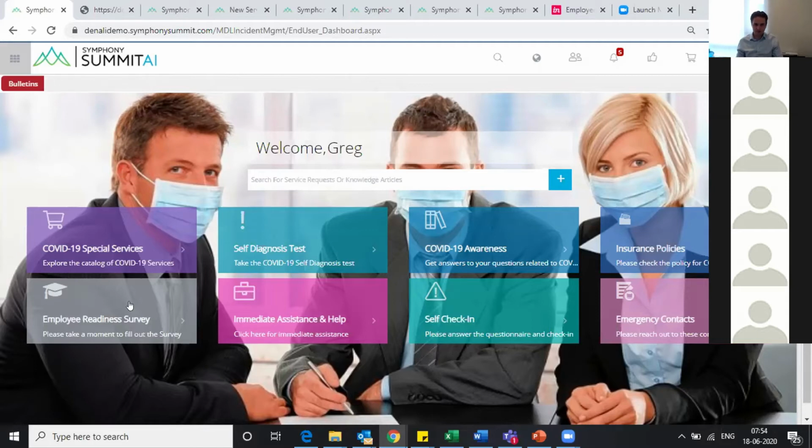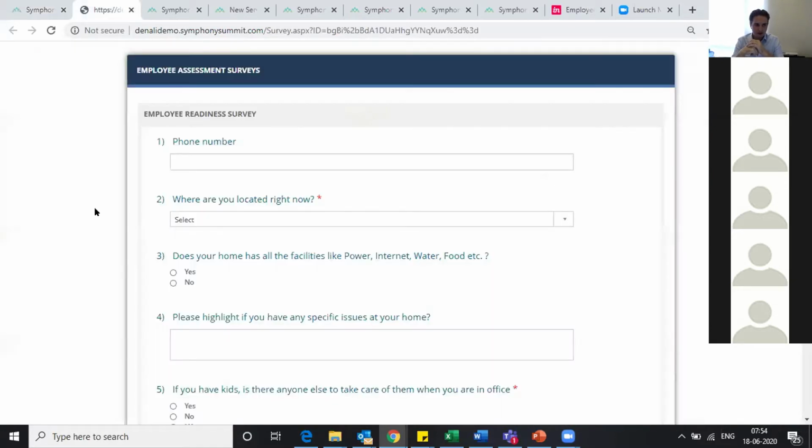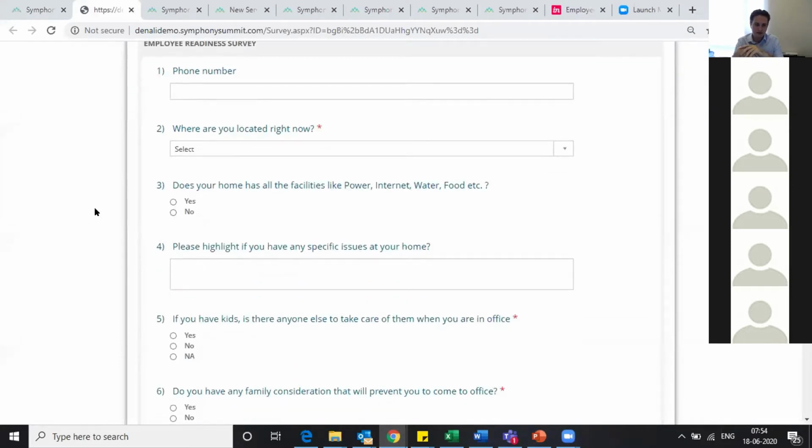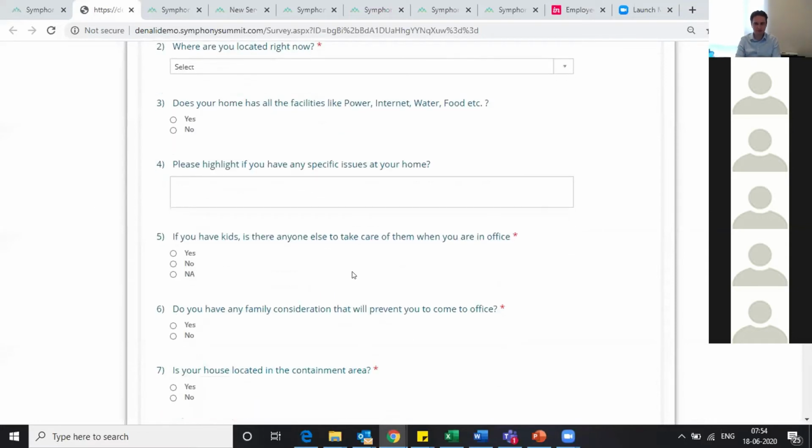So what the organization can do is have this employee readiness survey widget reflecting here for the employees. All I can do as an employee is just click on this employee readiness survey, and then it takes me to this particular survey form. And then I can enter my information about where I'm located currently, whether I have kids, and whether I have to take any special precautions before I come to office.